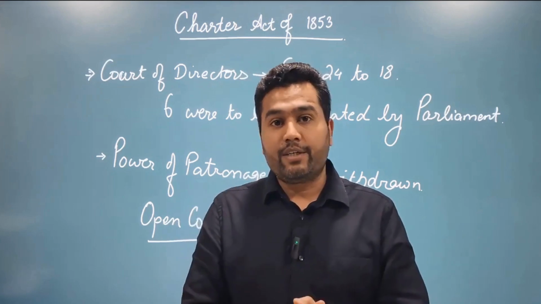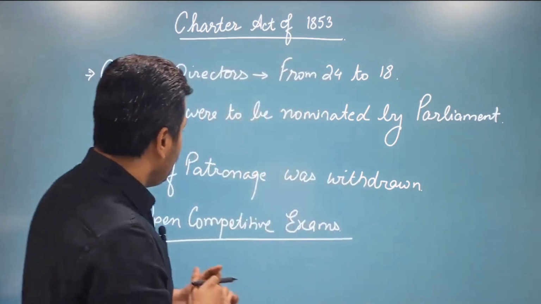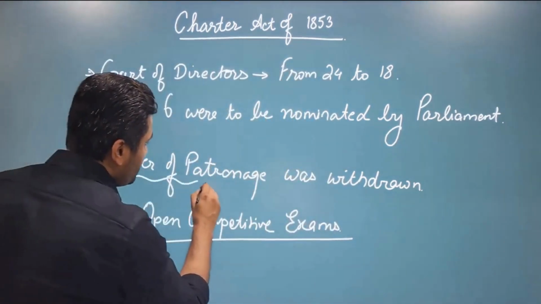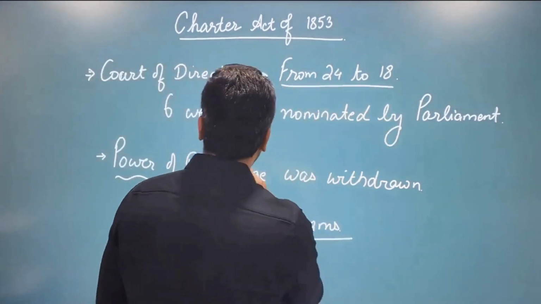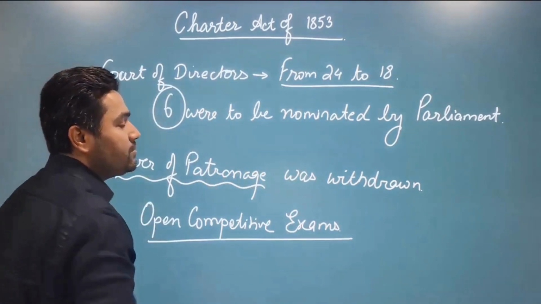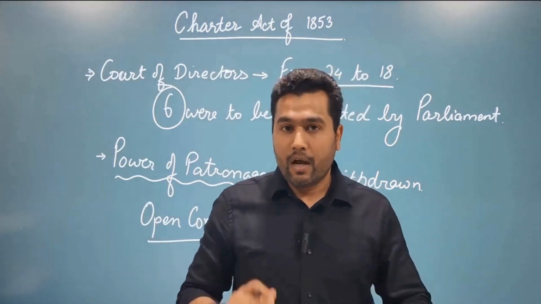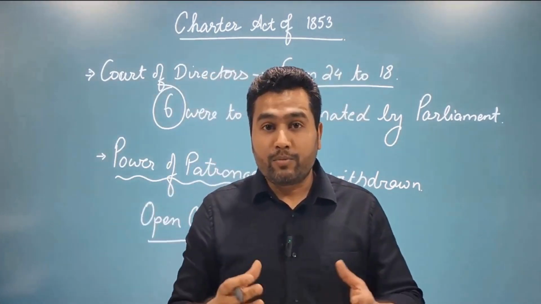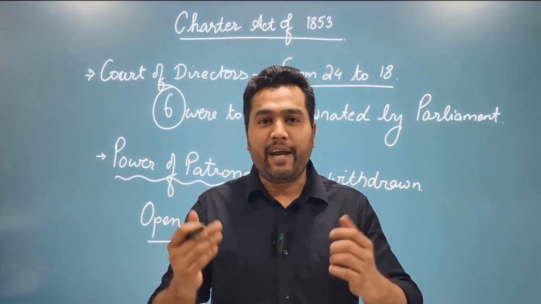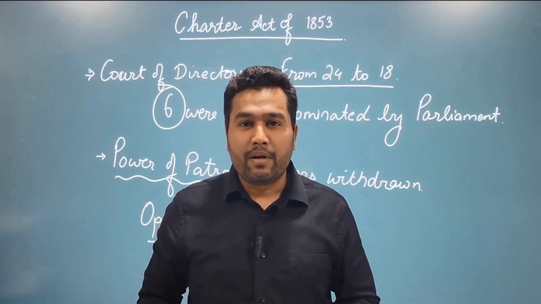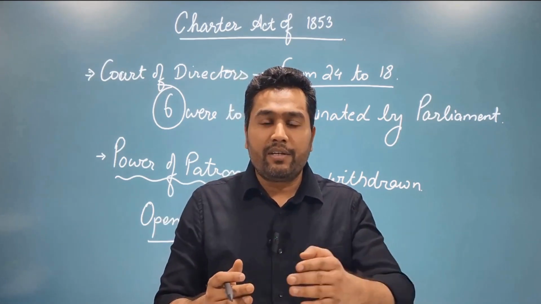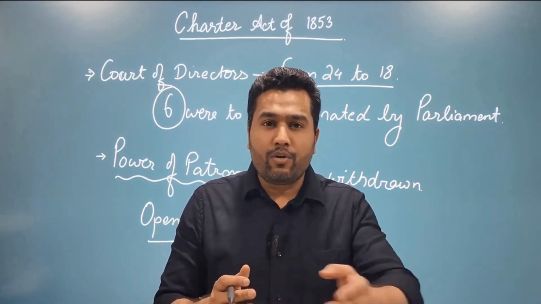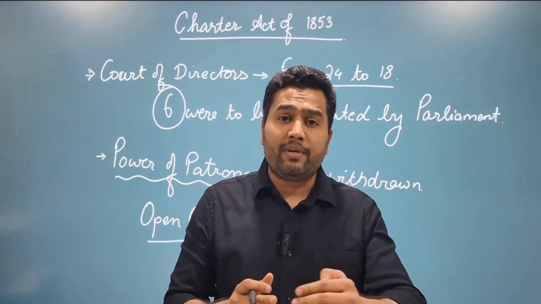So the Court of Directors lost miserably with respect to the power of patronage. The number of members, 6, were to be nominated by the Crown. However, because the British Parliament did a balancing act, it did not set aside or ignore the Court of Directors or East India Company entirely.